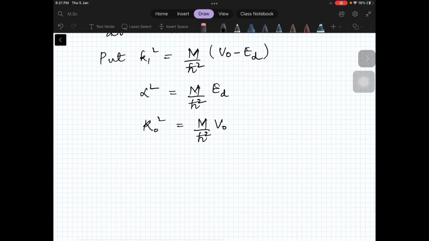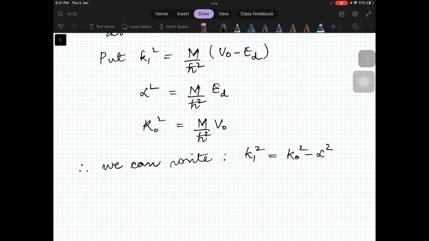K0 square is m over h cross square V0. So we can write k1 square is nothing but k0 square minus alpha square.